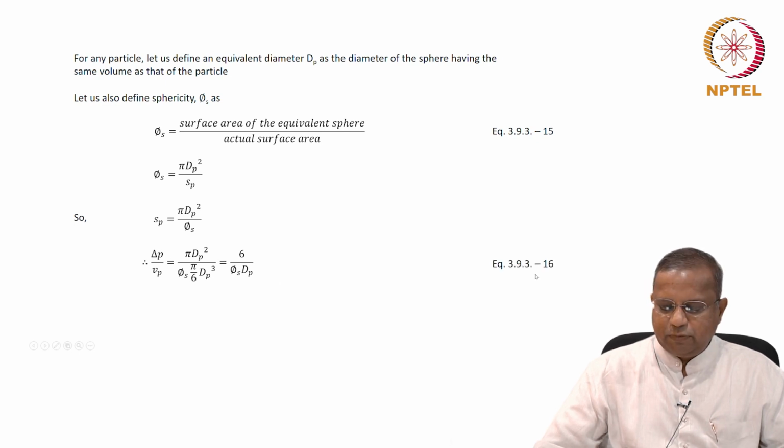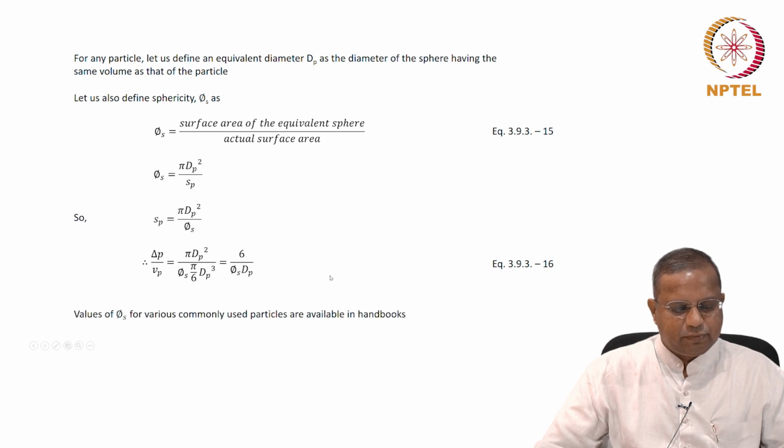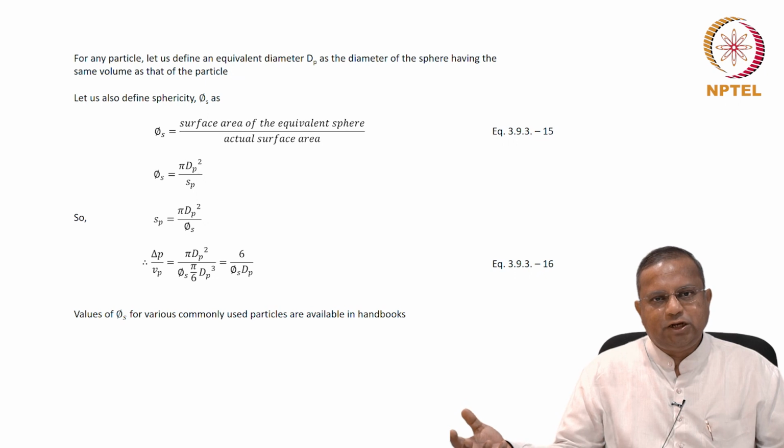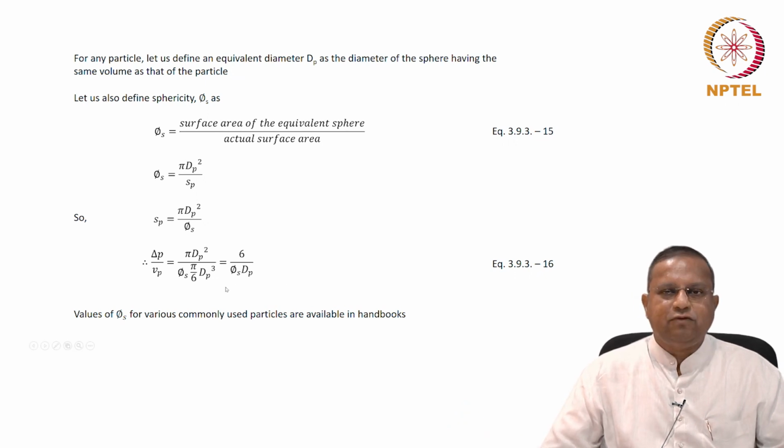So this is 3.9.3-16. The values of the sphericity are known for various commonly used particles. So we take a certain type of sphericity and we can substitute that, and the analysis that we have done for spherical particles, we have extended to other particle shapes also by the use of this sphericity.